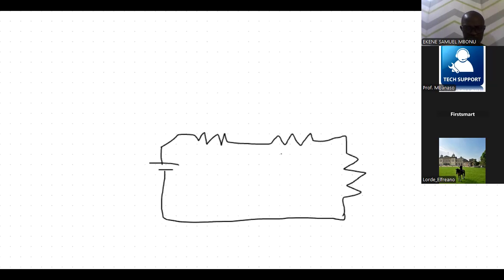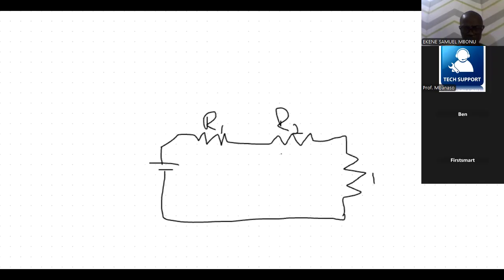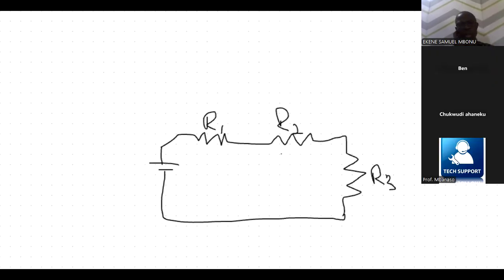So this is R1, R2. You can see the whiteboard? Can you see the whiteboard? Yes, sir.